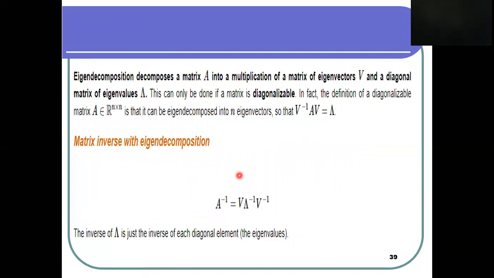This is one of the fundamental results of eigenvalue decomposition. Fundamentally, the columns of matrix V are the eigenvectors corresponding to the eigenvalues lambda. So V is quite important while diagonalizing matrix A into a diagonal matrix.